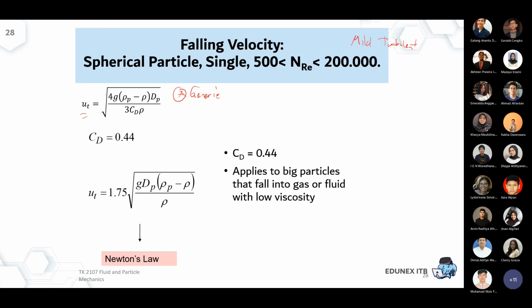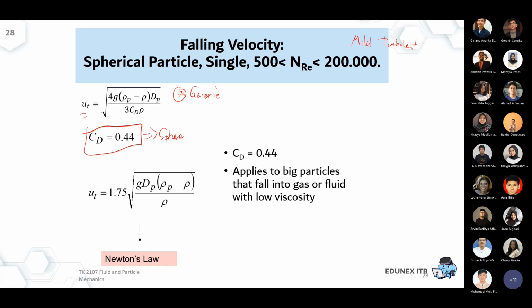The only simplification we need at this point is that, based on the previous chart, CD in this region can be generalized to 0.44 for a sphere. For a different shape, you must check the CD in the chart earlier in the slide.